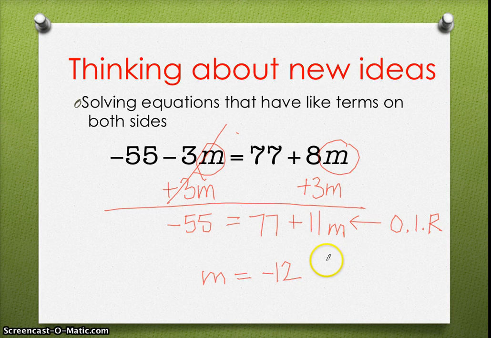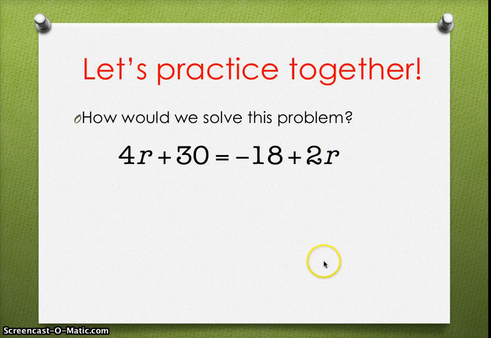Let's go ahead and try a problem together using the same concept. We have r's on both sides, so what we need to do is make sure that the variable only shows up on one side, so we pick a side to move the other r's to. So let's say we want to keep the 4r on the left. That means we have to get rid of the 2r on the right.